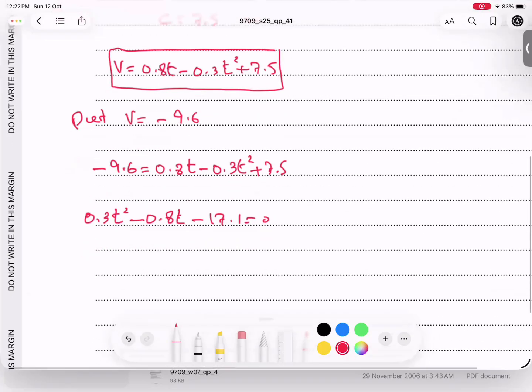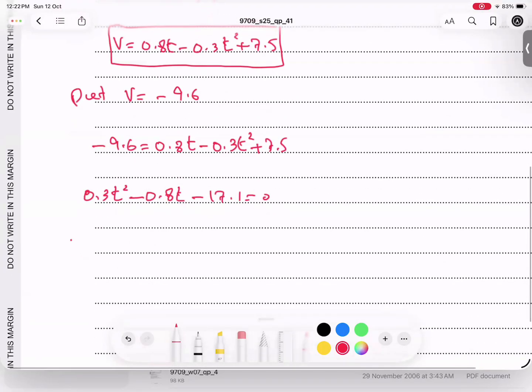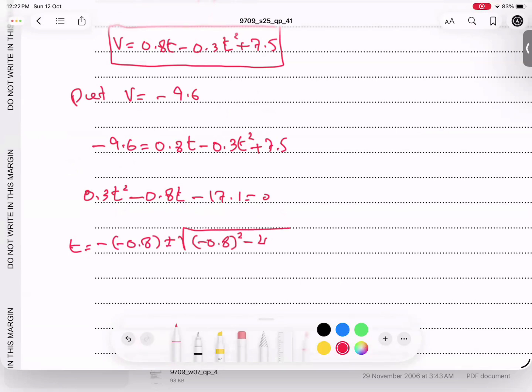Here I'm applying the quadratic formula, negative b plus and minus square root of b square minus 4a into c, divided by 2a.